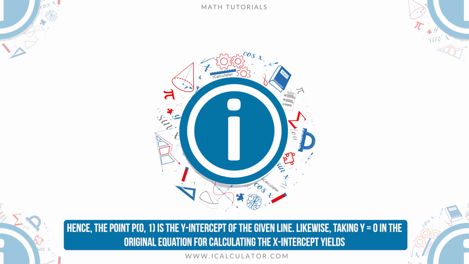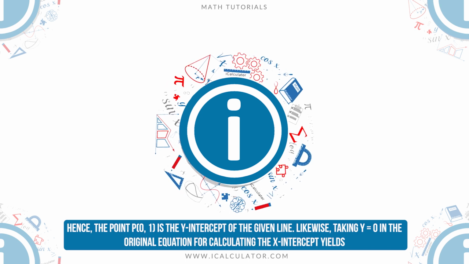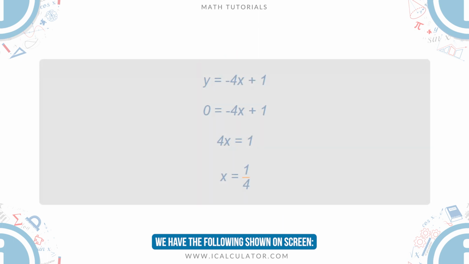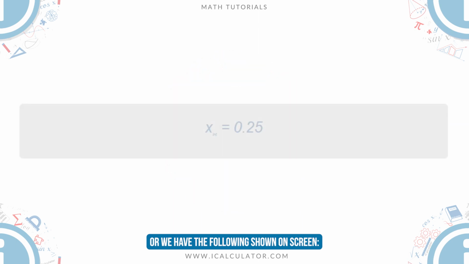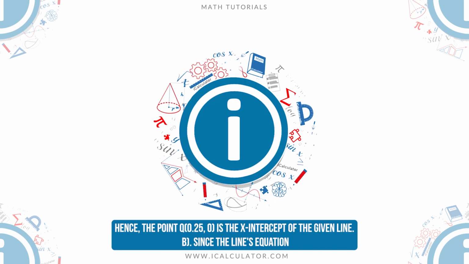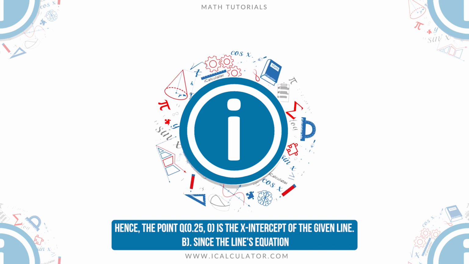Likewise, taking y equals 0 in the original equation for calculating the x-intercept yields the following. Or the following. Hence, the point Q(0.25, 0) is the x-intercept of the given line.